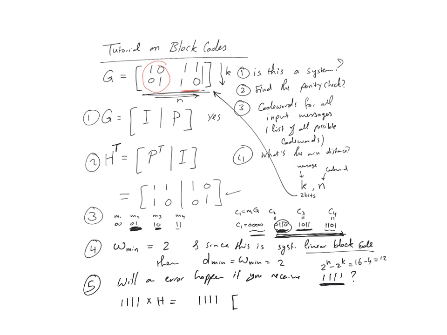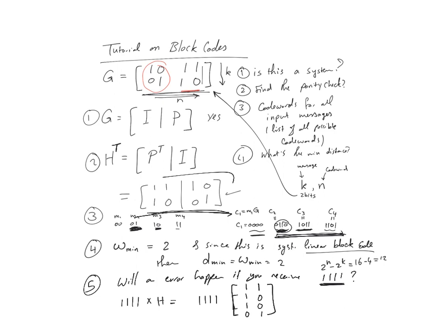So the parity check transpose is given by P transpose and then I. So basically H is going to look like 1, 1, 1, 0, and 1, 0, 0, 1. This is your H matrix, which is the transpose of this matrix, because this is H transpose.